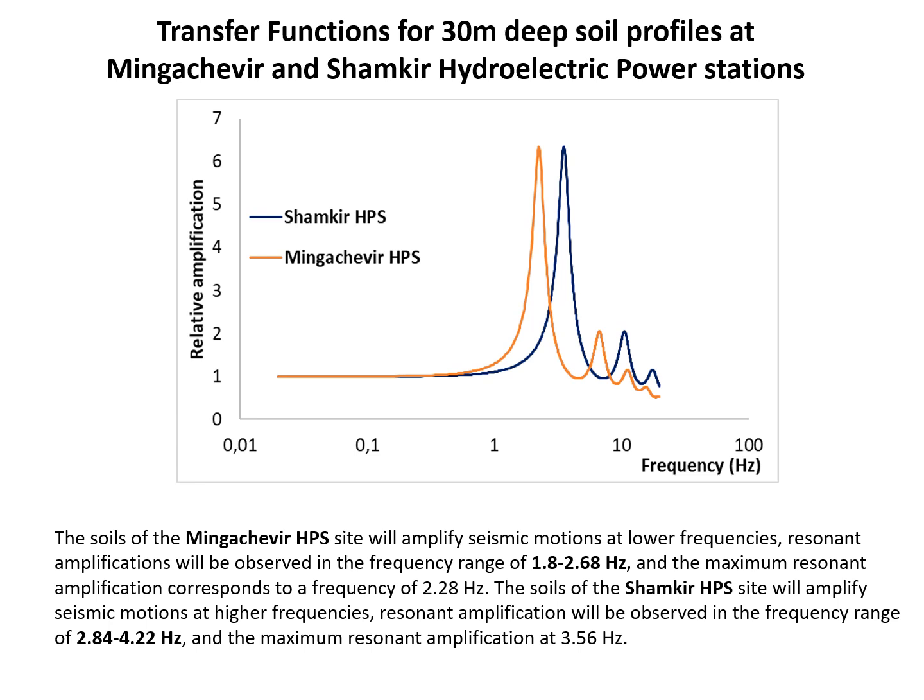These graphs illustrate that the soil at Mingachevir hydroelectric power station amplifies seismic motions at lower frequencies compared to Shamkir. In the Mingachevir hydroelectric power station site, the worst-case scenarios are expected to be associated with low-frequency seismic motions, while in the Shamkir site, more unfavorable scenarios are expected to be associated with higher frequency seismic motions compared to the Mingachevir site.